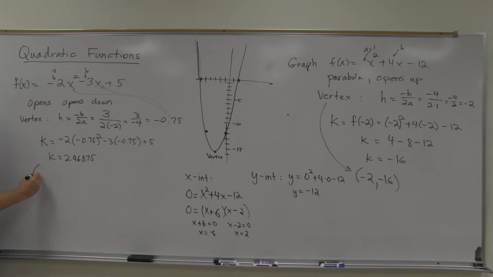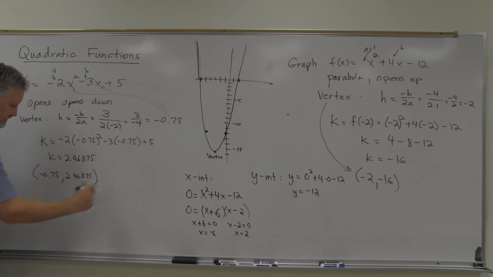So that's my vertex. I want to be exactly correct there. It's about -0.75 and positive 2.5.